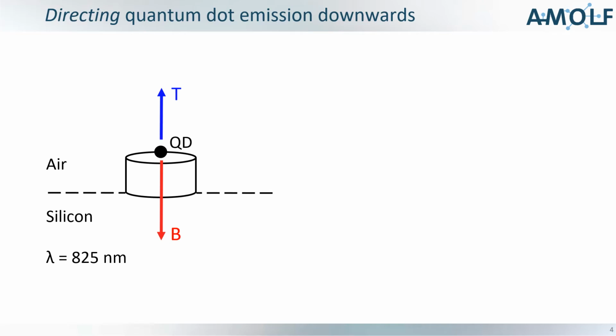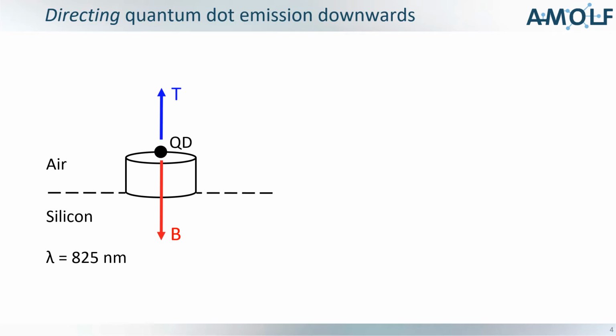Together, the interference between the modes in the cylinder and the dipole source will alter the amount of light that will go towards the top and the light that will go towards the bottom, and also what is the shape.